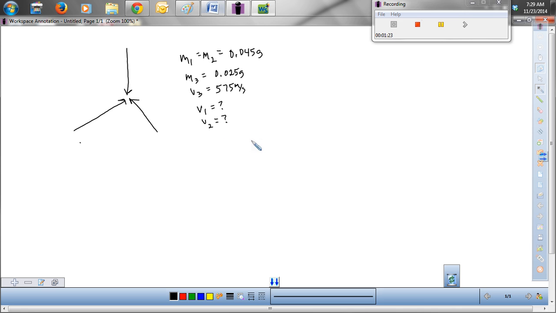Alright. So first thing I want to do is resolve these into X and Y components. So this is on the Y axis. I'm going to call this one mass 1, mass 3, mass 2. So mass 1 has a velocity on the X axis and on the Y axis. Mass 2 too.